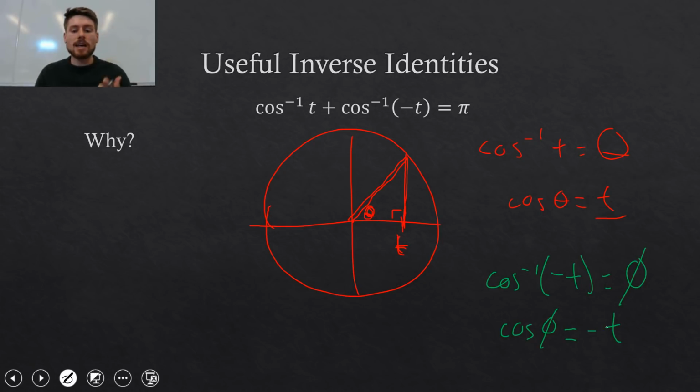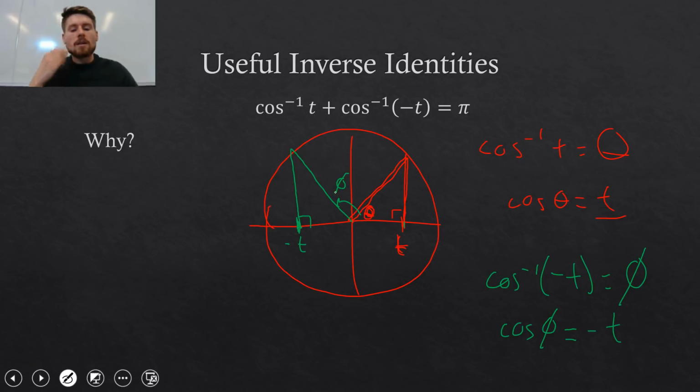So now I'm taking t and flipping it across to the negative side. So what does that look like? If this is where t is for being positive, then this is where t is as negative. So this is negative t over here. Okay? So this would be a positive x. This is its negative. So this is phi. This angle is going to be what phi is. So that's phi.